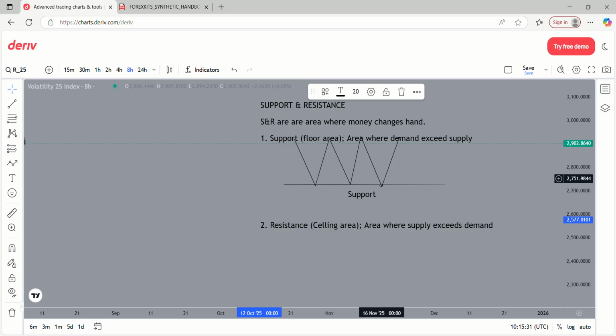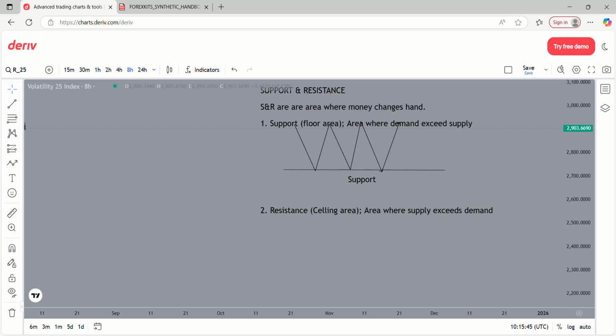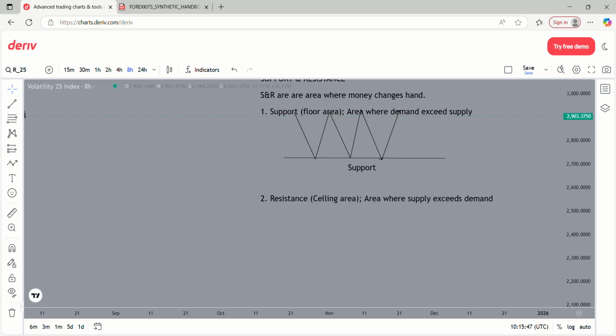In simple terms, I'm just saying that there is a lot of selling but no buyers, right? A lot of sellers but no buyers. So there's a lot of selling pressure but few buyers.